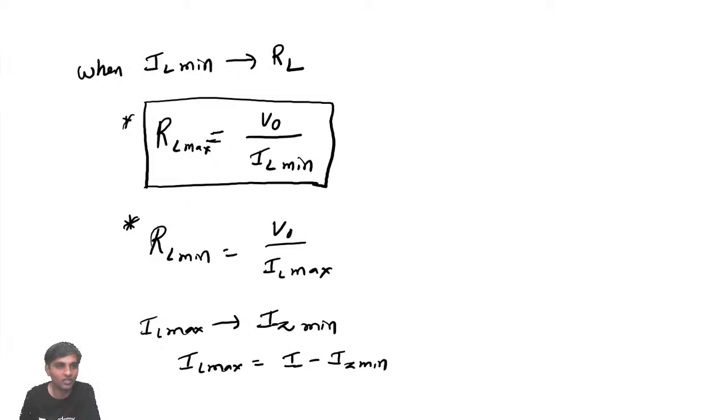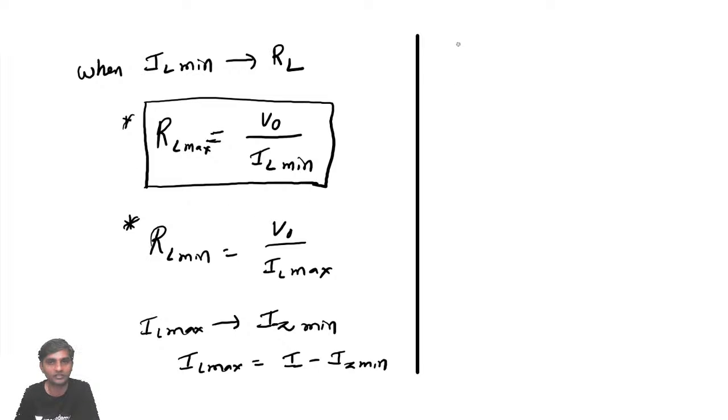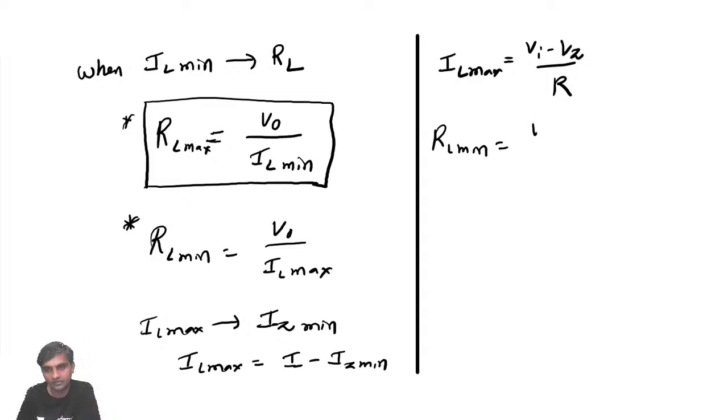So how will you calculate the value of RL minimum? I will calculate IL maximum. IL maximum is going to be VI minus VZ by R. That's it. So what is RL minimum? The RL minimum formula is going to be VZ into R by VI minus VZ.